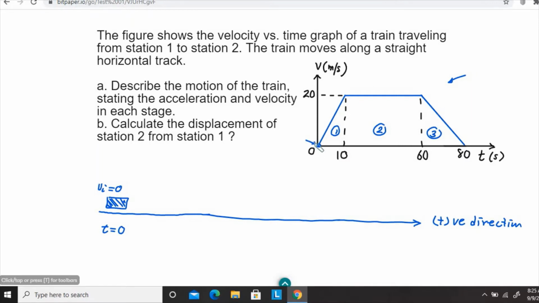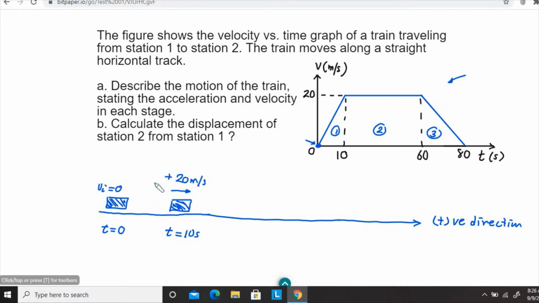You can see a point over here, the 0, 0 point is that point in time. And after 10 seconds, the train is moving to the right. We don't know the displacement of the train, but they give us the time. Now at t equals 10 seconds, the train has achieved a velocity in that right hand direction that is 20 meters per second. So that's a positive number, right? Because it's to the right.